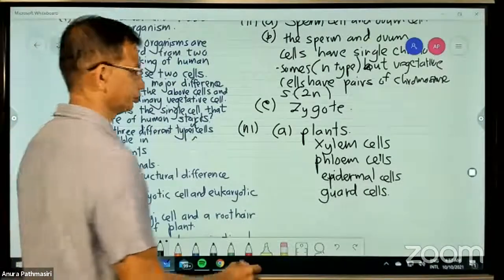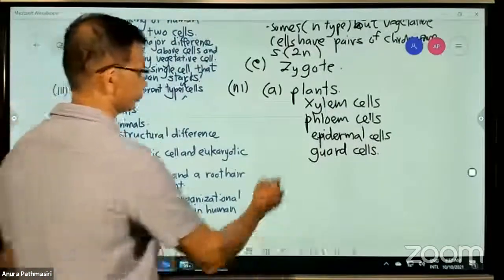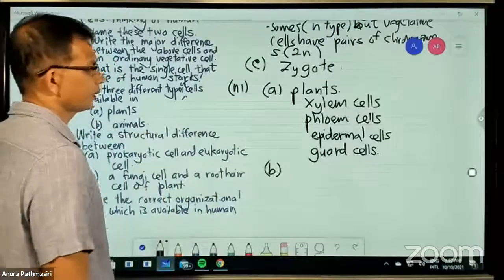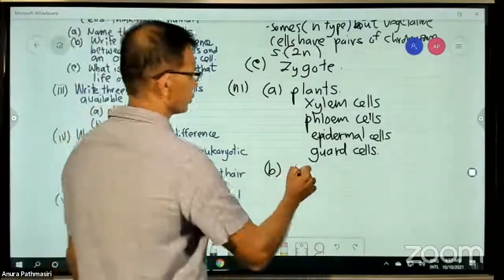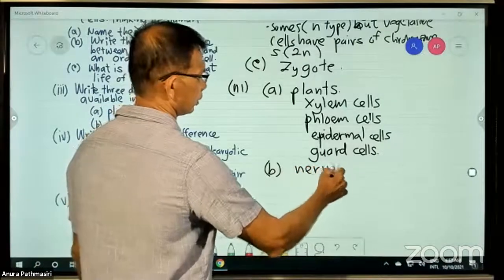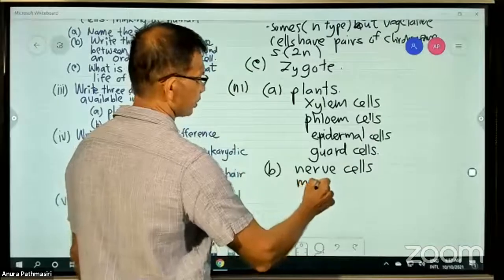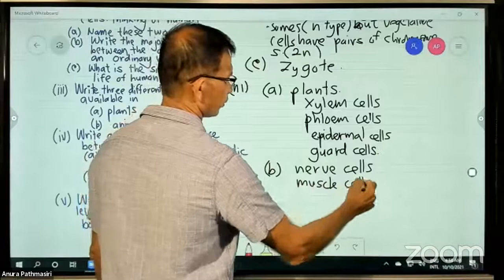Animals. 3 types of cells available in animal cells. Nerve cells, muscle cells. What else?